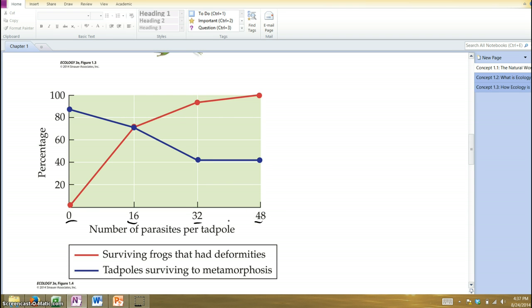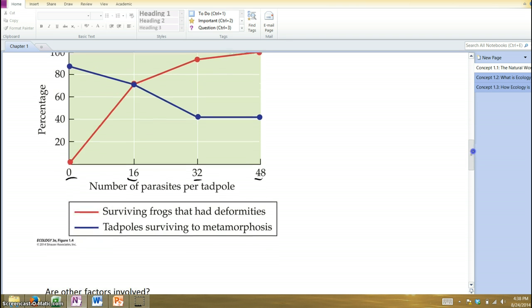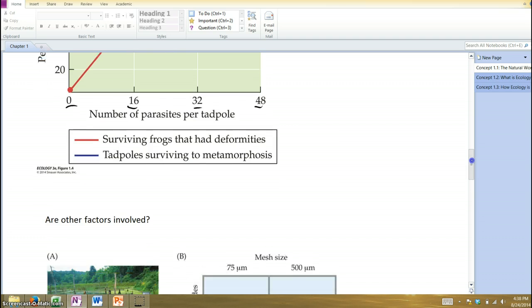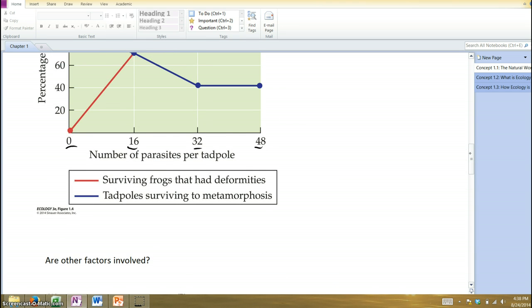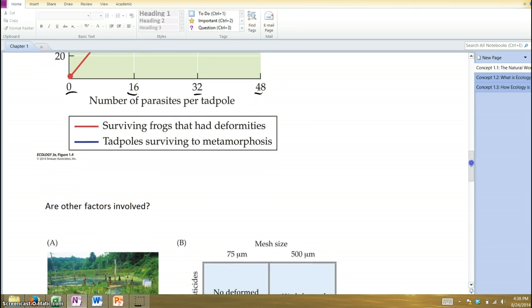And so you can see when they didn't have parasites, essentially the frogs had no deformities, and they had really high survival rate. Whereas as the number of parasites increased, survivorship came down, and the number of deformities increased. So that experiment shows that these parasites definitely have an effect on these young frogs, these tadpoles.